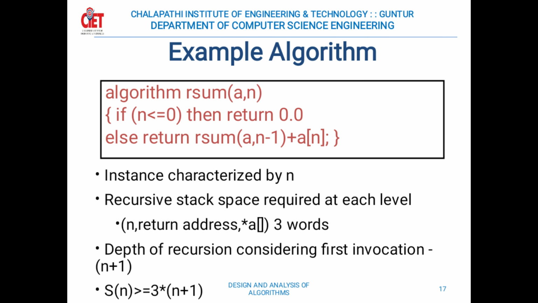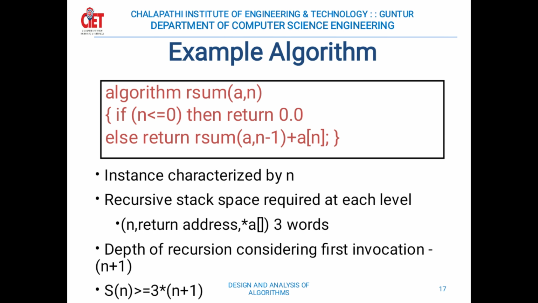Otherwise the array contains more than one element, then return A of n plus rsum of A comma n minus 1. That means the value of the nth element plus the sum of n minus 1 elements.